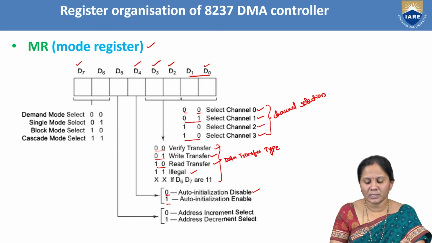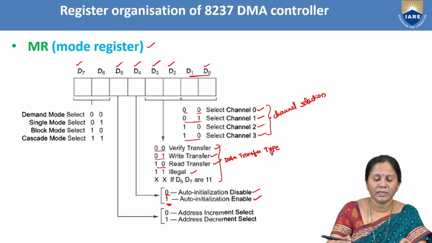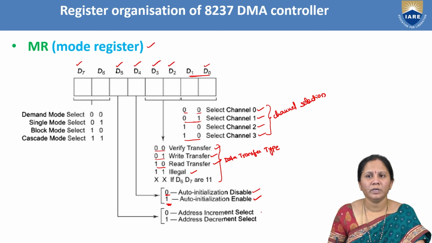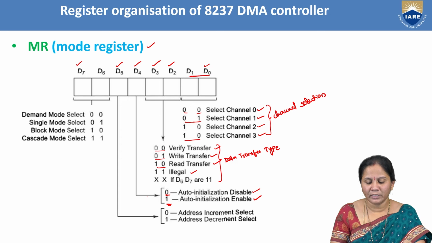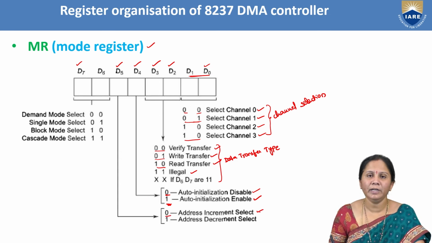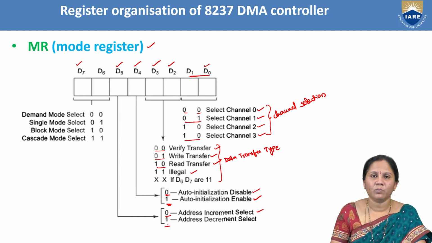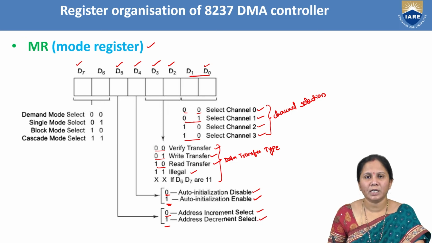If this D4 bit is set as 1, then it will be operating in auto initialization mode. And the next bit is the D5 bit. This D5 bit decides whether to increment or decrement the address. If the D5 bit is 0, it represents auto increment mode selection. If this D5 bit is 1, it means auto decrement mode selection.